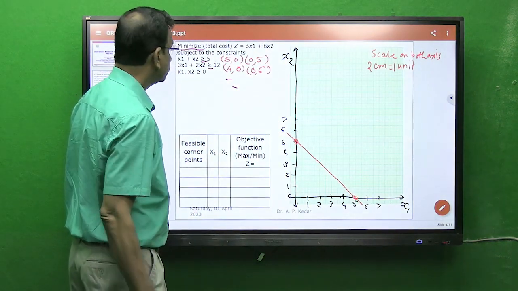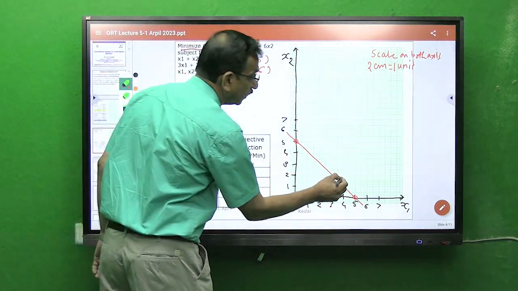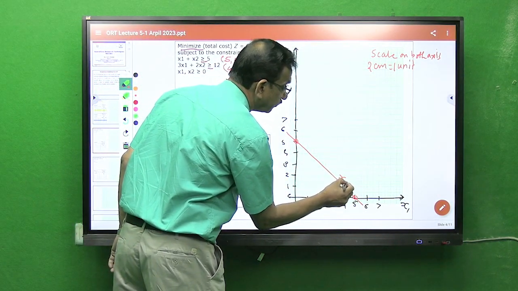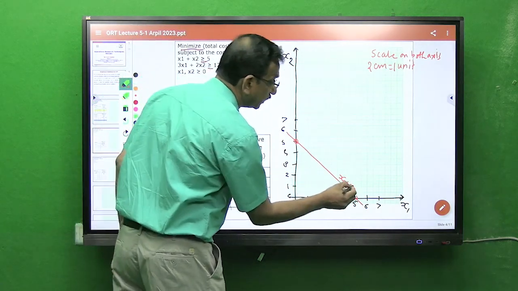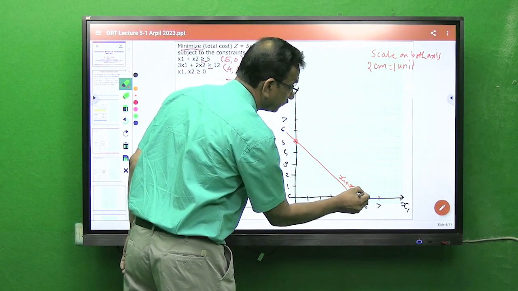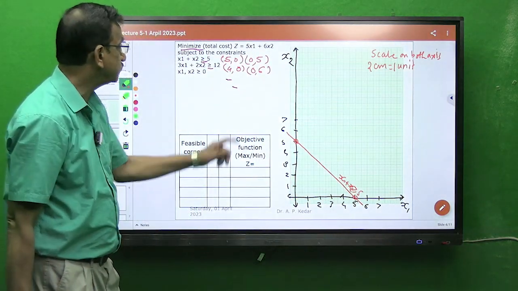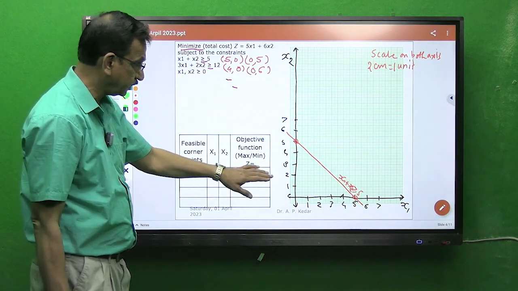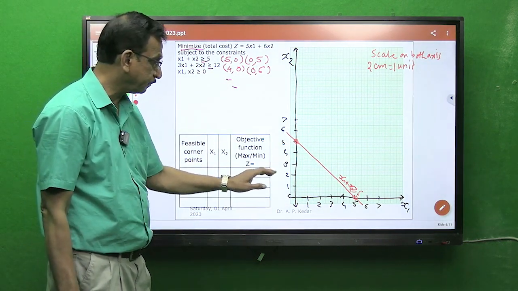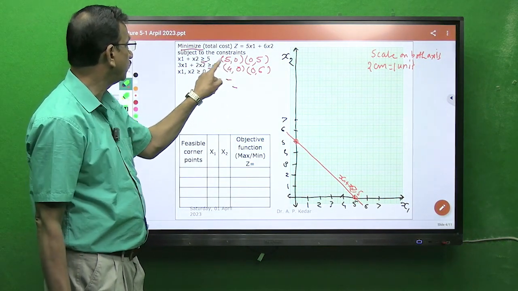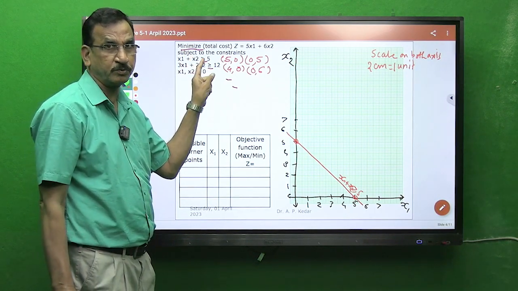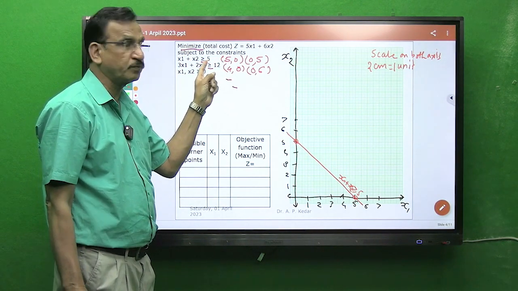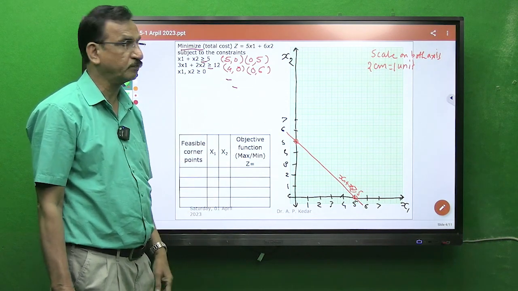This is the first line which is representing x1 plus x2 greater than equal to 5. Now this sign, the importance of this sign, it should be understood again. The minimum value of x1 which this equation will give you is 5, other values greater than 5.